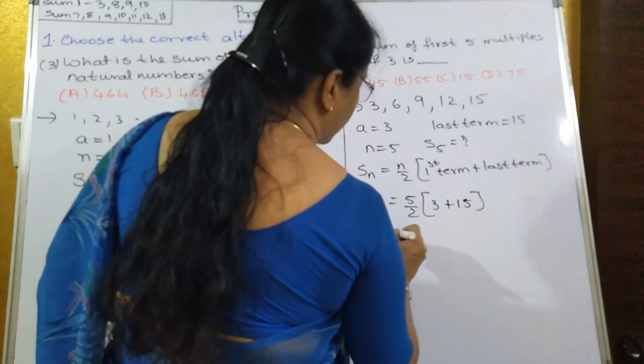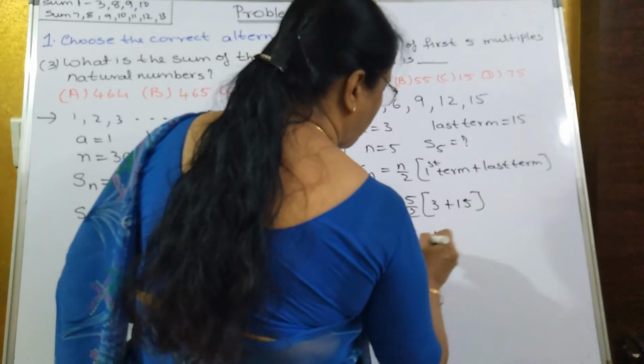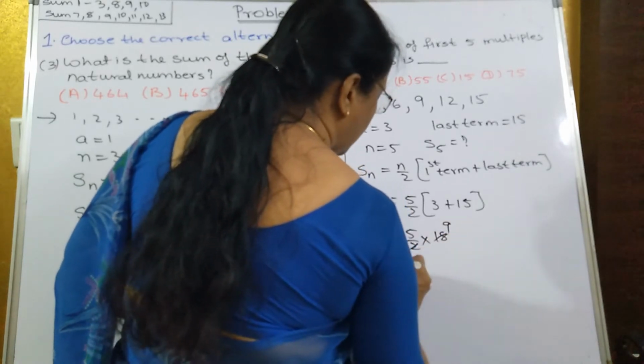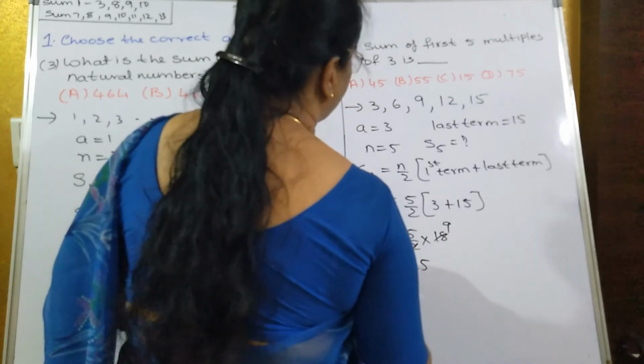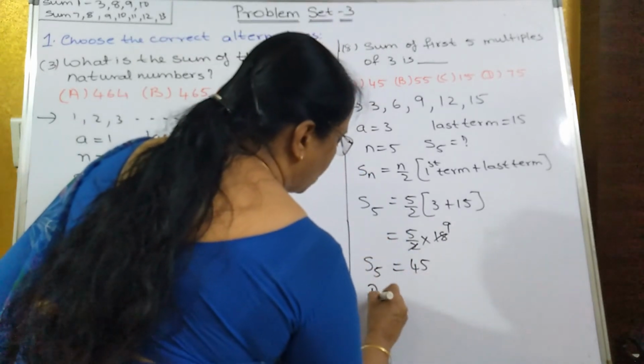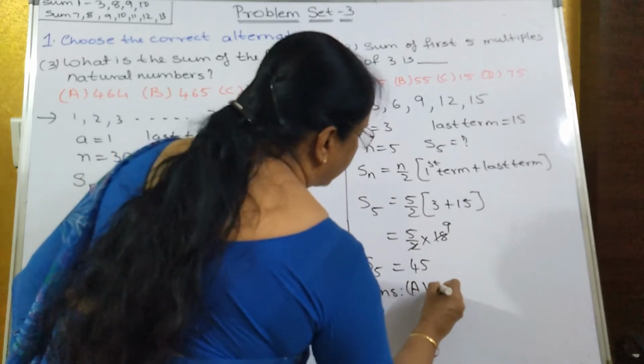So that is equal to 5 upon 2 into 18. 9 5s are, so the answer is what? 45. So S5 is equal to 45. So the right answer is what? Answer A, that is 45.